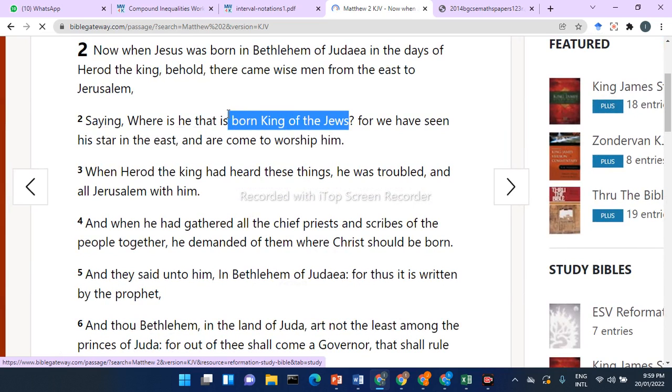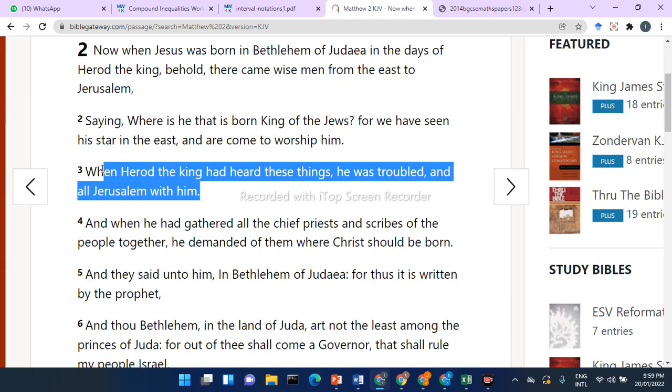Interesting, right? But threatened nonetheless. He's like, who is this king? I am the only king. Of course, he didn't tell that to the wise men, he kept himself reserved so that they wouldn't know. But he's like, okay, what king are you talking about?